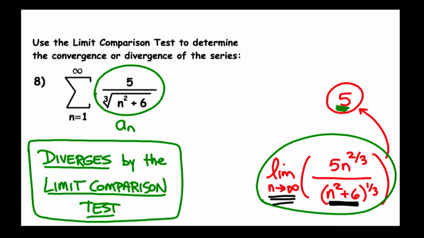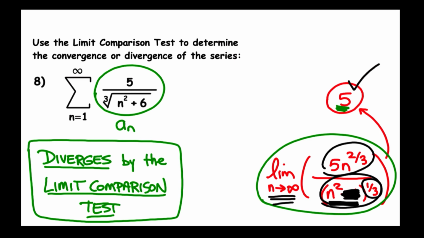I mean, just 6, really. When you're that big, that plus 6 isn't going to matter. And if the plus 6 mattered before, you're cube rooting it, so it's even less of a difference. Really, that denominator is pretty much just an n squared inside. And if you take it to the 1/3, that's going to be n to the 2/3. So you'll have 5n to the 2/3 over n to the 2/3, which will cancel and make a 5.